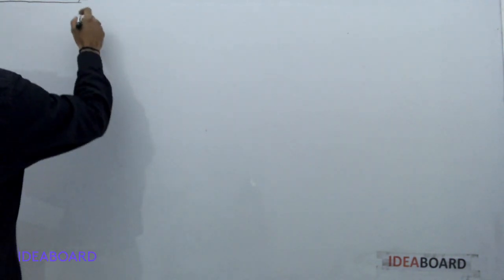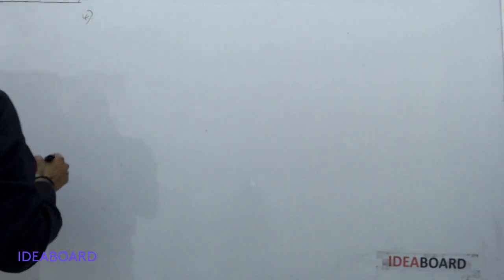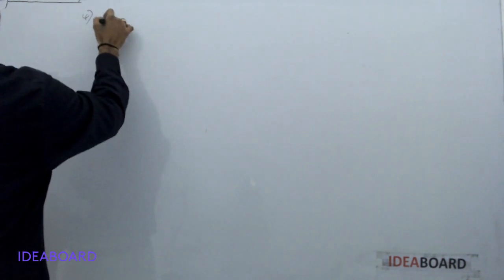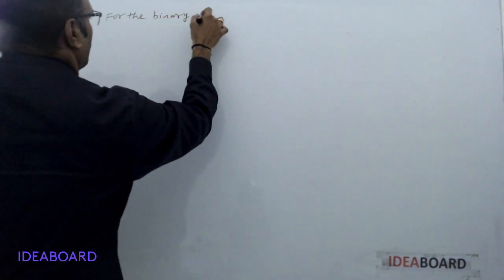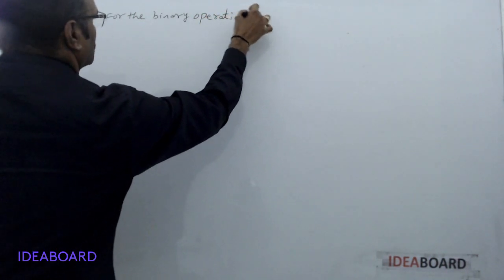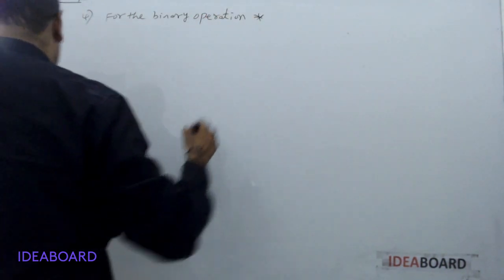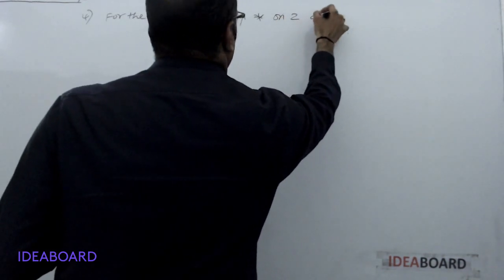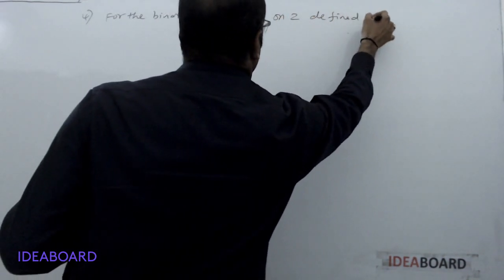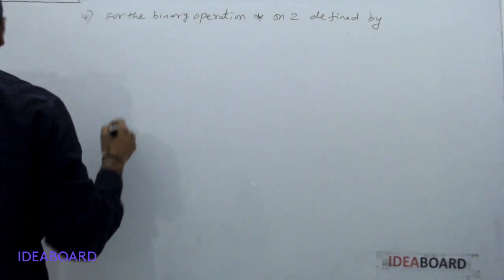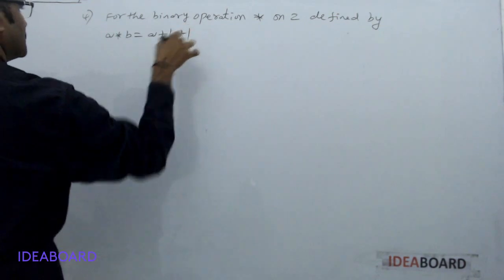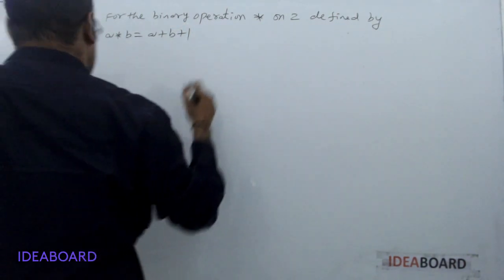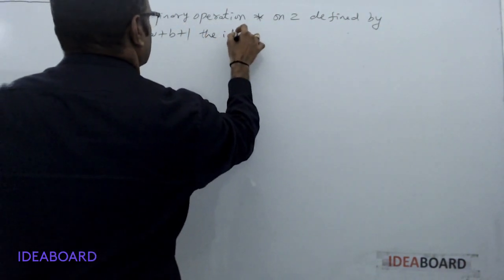Fourth problem. For the binary operation star on Z defined by A star B equal to A plus B plus 1, the identity element is.